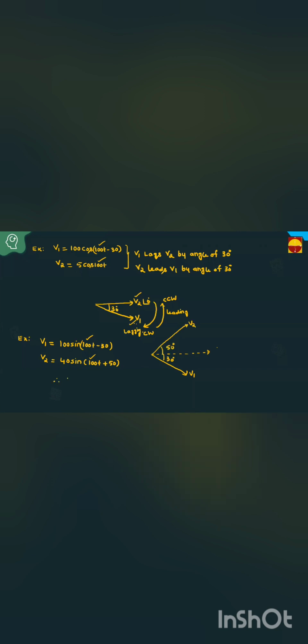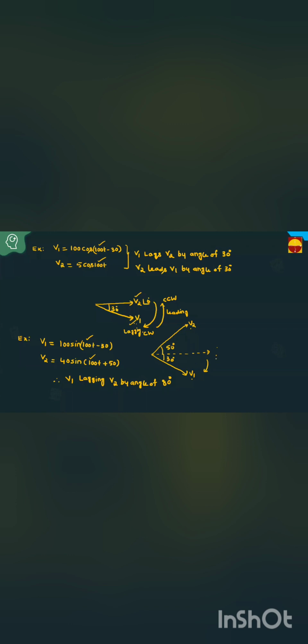Now tell me, students, is V1 lagging or leading? Lagging. This minus 30, I have taken in this direction. V1 lags V2 by an angle of how many degrees? 80 degrees, 30 plus 50, 80.